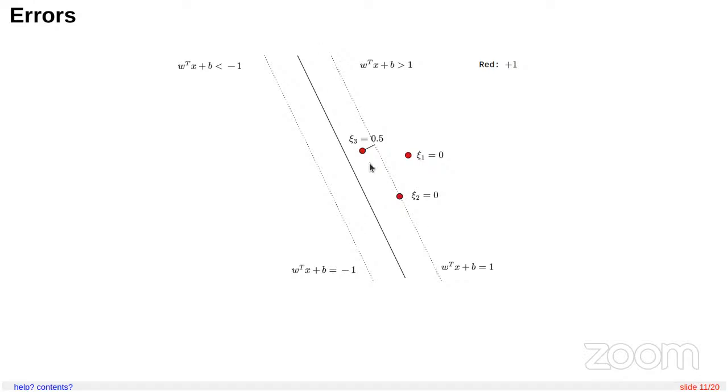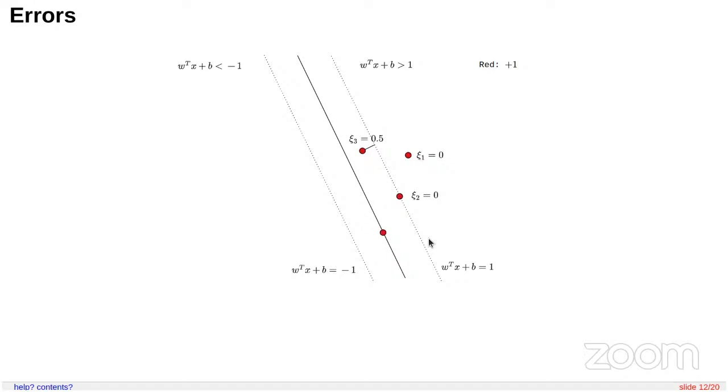Is that idea clear? They're all parallel lines, so I'm justified in talking about distances between lines. The third point is 0.5 units away from where it should have been. Ideally, it should have been on this line or away from that line, but it's 0.5 units on the wrong side of the margin.